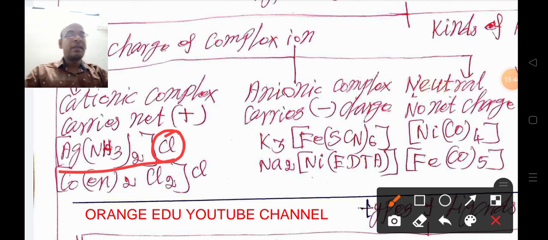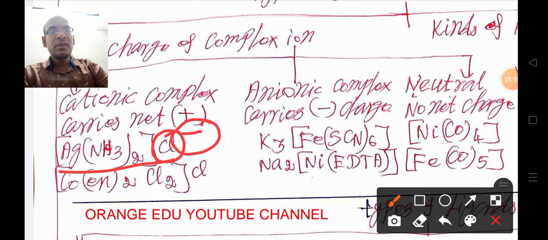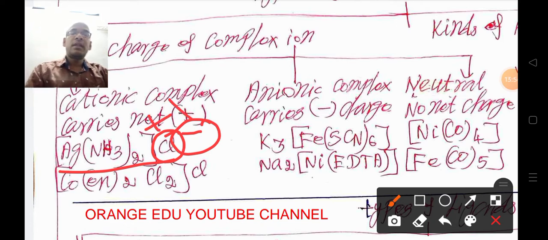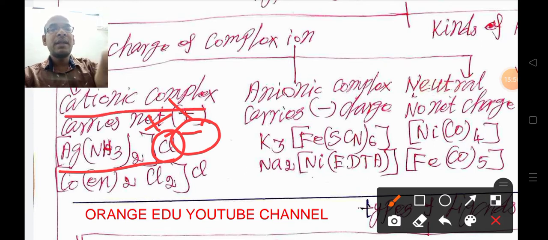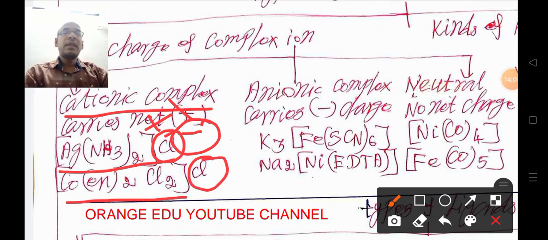It has a negative charge. Therefore, the complex ion has a plus 1 net charge. Therefore, this is called cationic complex. Second example also, Cl, chloride, simple ion, has a minus 1.